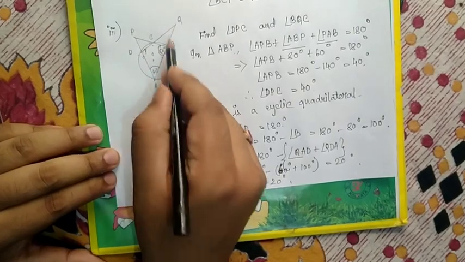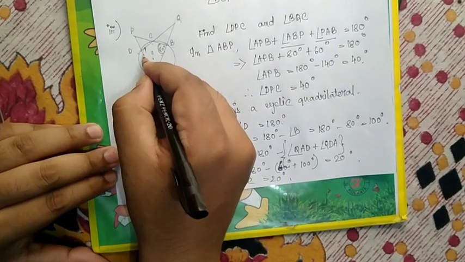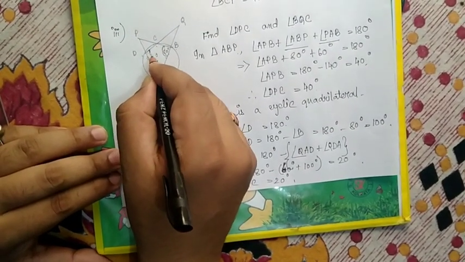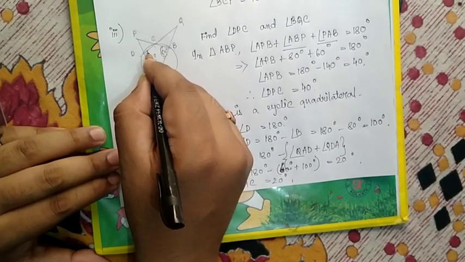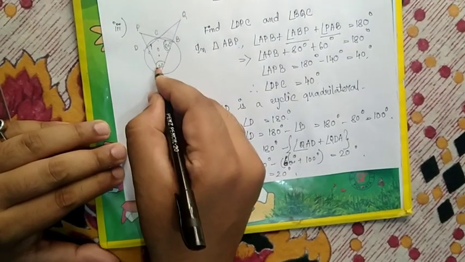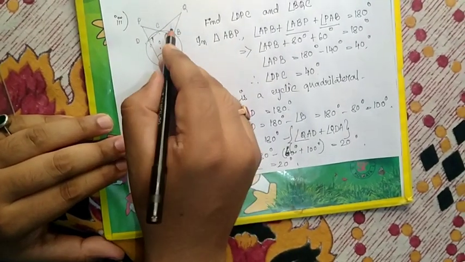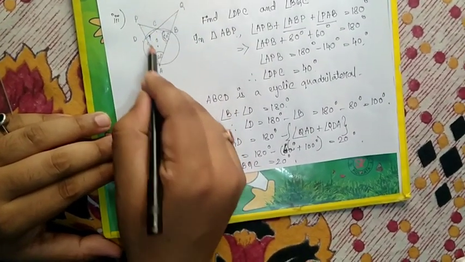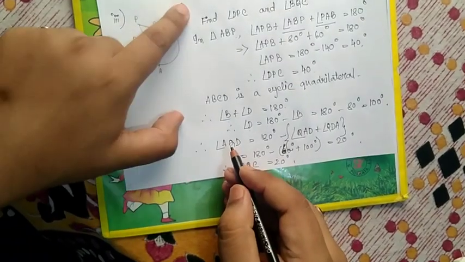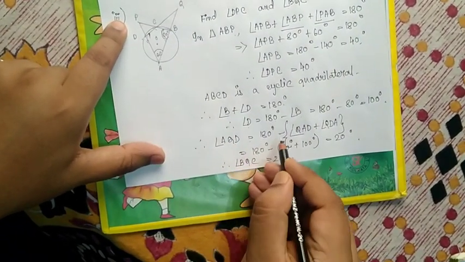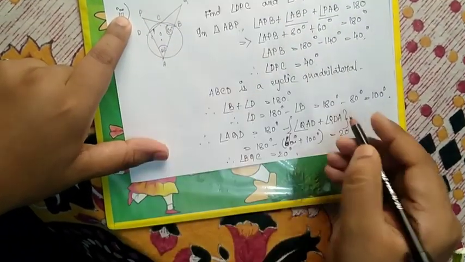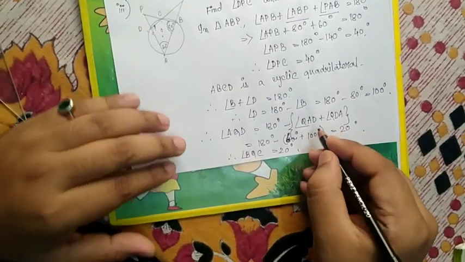Now this is a triangle. We find out that this angle is 100 degree and this angle is 60 degree. So the remaining angle should be 180 degree minus sum of these two angles. So therefore AQD equal to 180 degree minus sum of these two angles written.